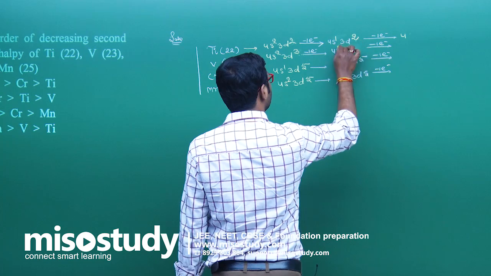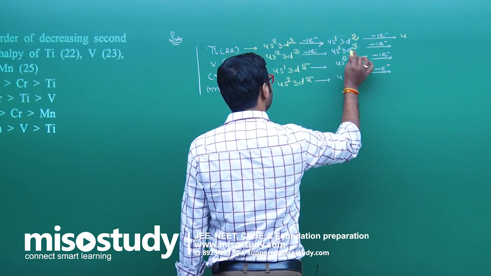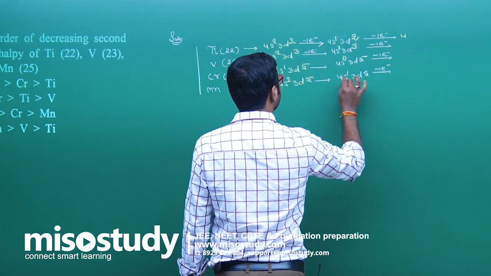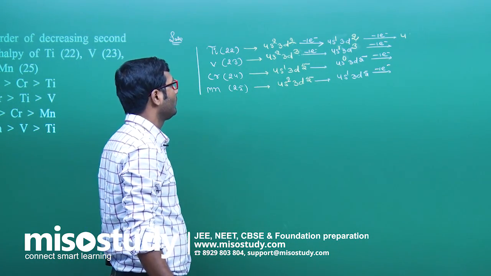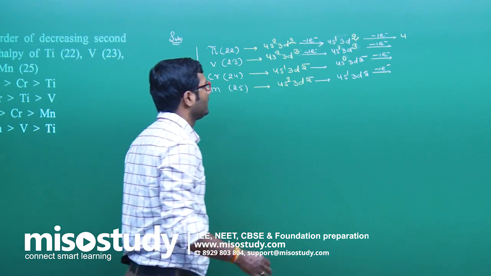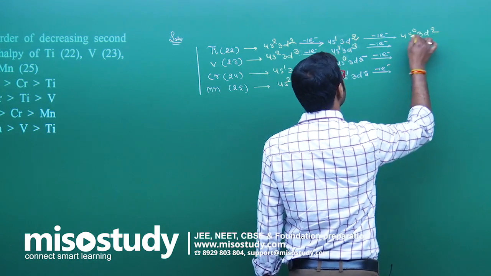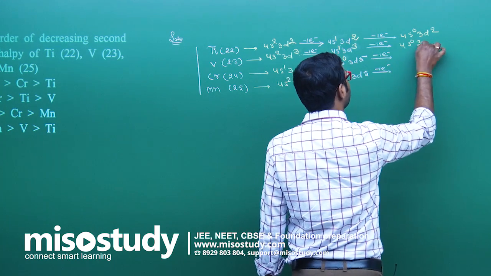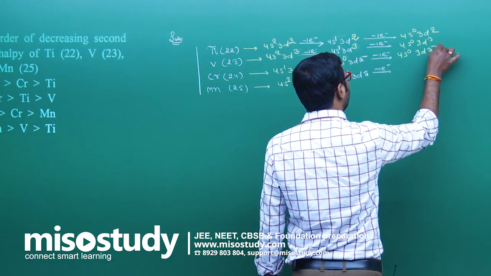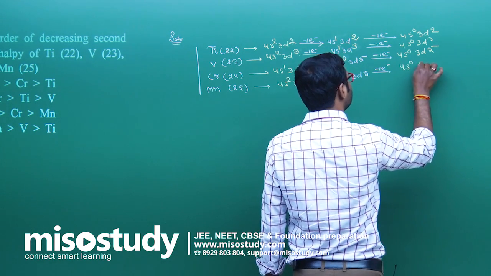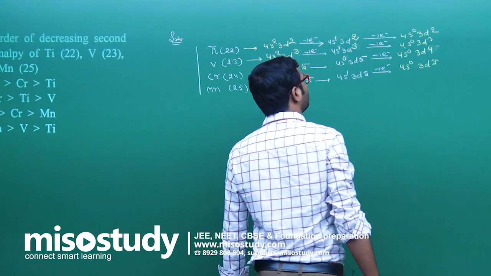The configurations are 4s1 3d2, 4s1 3d3, 4s1 3d5. Now for the second we will write 4s0 3d2, then 4s0 3d3, then 4s0 3d5, and 4s0 3d4. Is it clear to you?